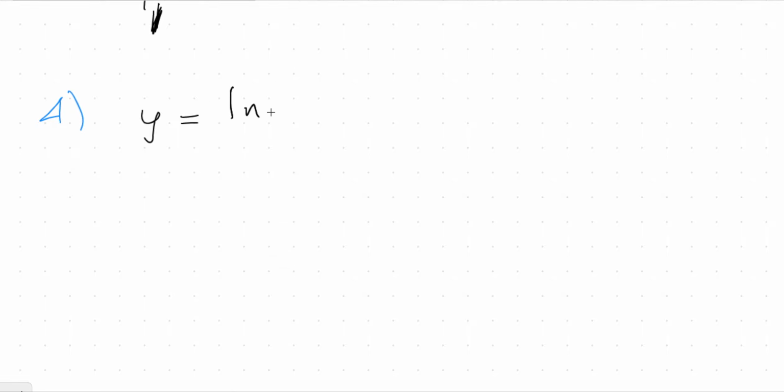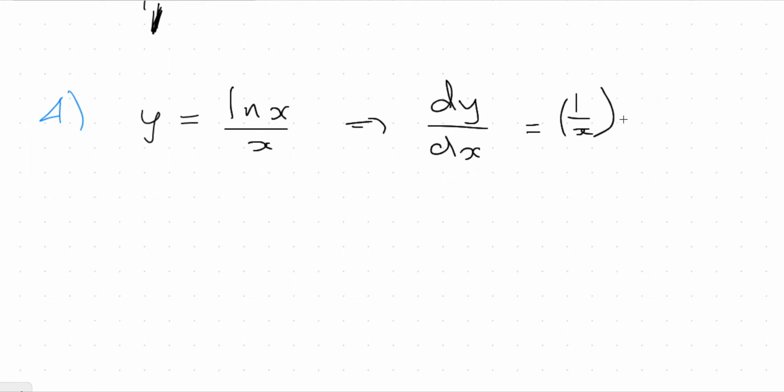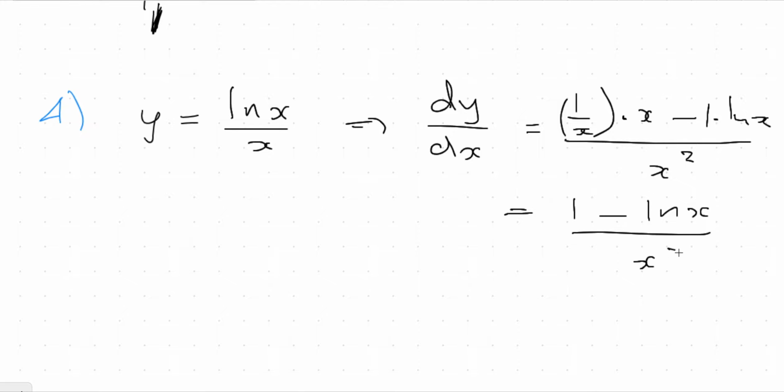Natural log of x over x. The derivative of that is going to be, so we'll use the quotient rule, 1 over x on the top times x minus the derivative of x, which is 1, times log x, over x squared, is equal to 1 minus log x over x squared.